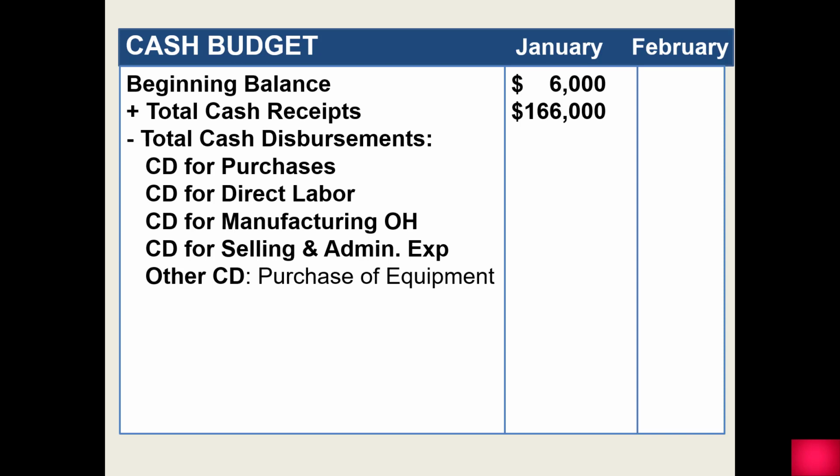Things like purchase of equipment, payment of dividends, things that would not have been included in your expenses on your income statement. That will leave a cash excess or deficiency.